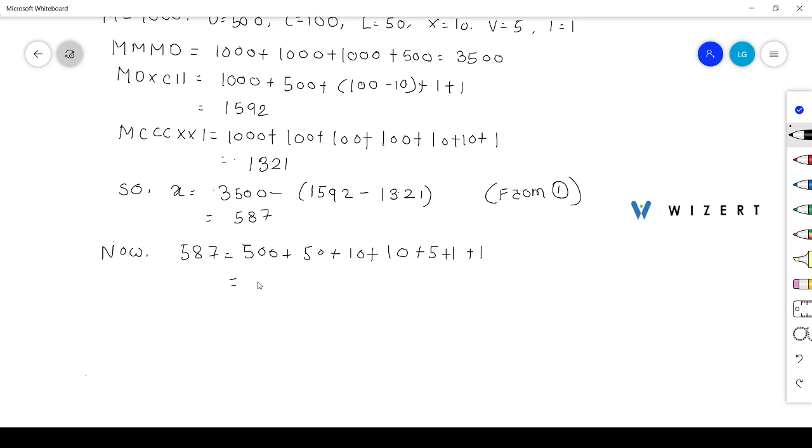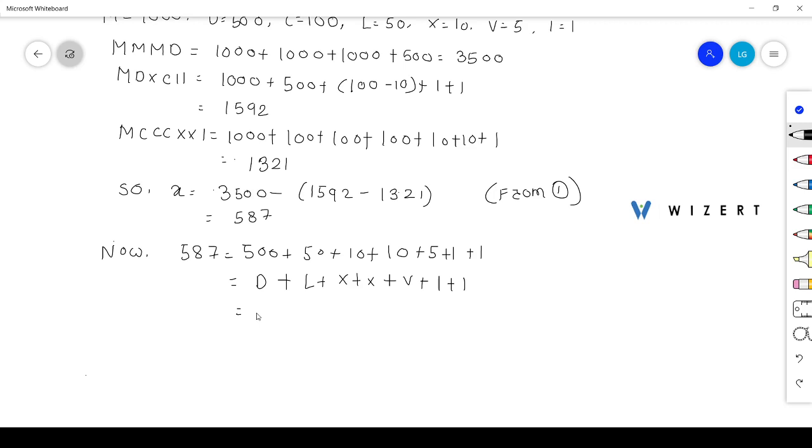Now 500 in Roman numeral will be D, plus 50 means L, plus 10 plus 10 means X plus X, plus 5 means V, plus 1 plus 1 means I plus I.